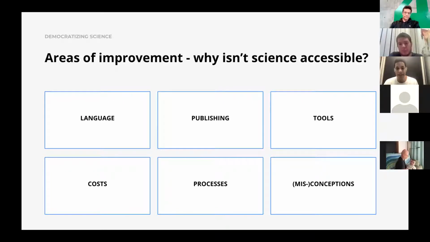Another area that could be improved is just publishing. There are some open source journals, which are great, but there's kind of this entire complex of science that's hidden behind this wall, and you can only access it if you're willing to pay, or you have some sort of affiliation with another body.